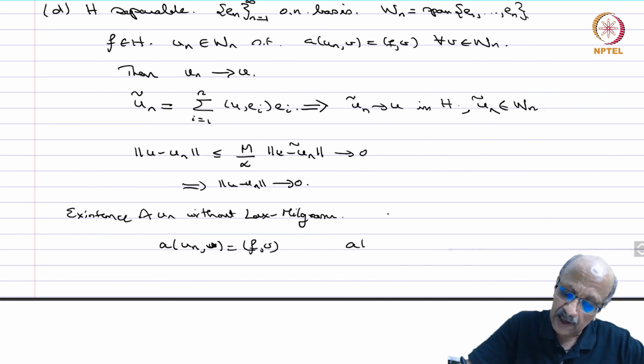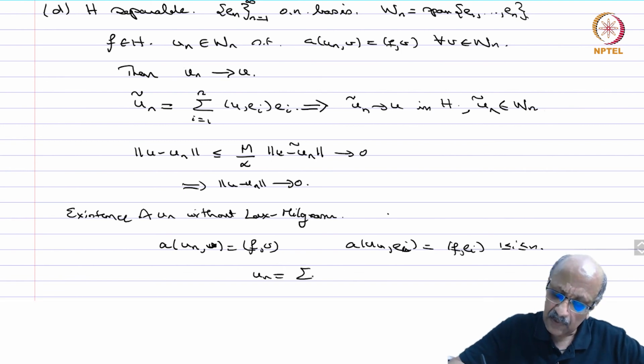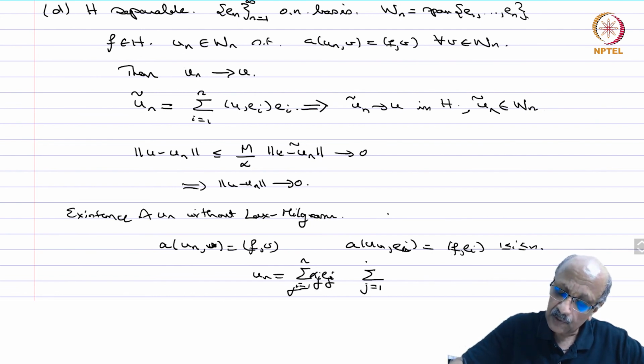So you take A(un, ei) equals f(ei) for 1 less than or equal to i less than or equal to n. Then un itself can be written as sigma alpha_j ej, j equals 1 to n, and you substitute that here. So you get sigma j equals 1 to n, A(ej, ei) alpha_j equals f(ei), 1 less than or equal to i less than or equal to n.